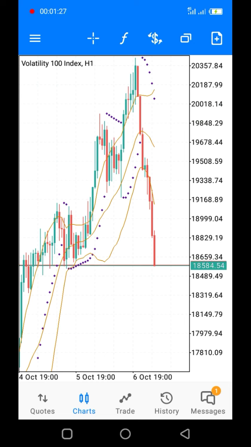You don't need to run via strategies to trade a particular asset. Although it is good, I just want to affirm to you that you don't need to be scared. This strategy works on all the assets.